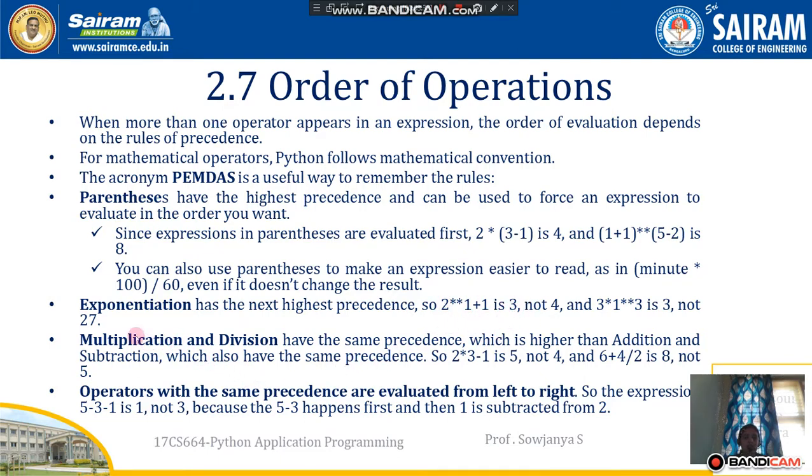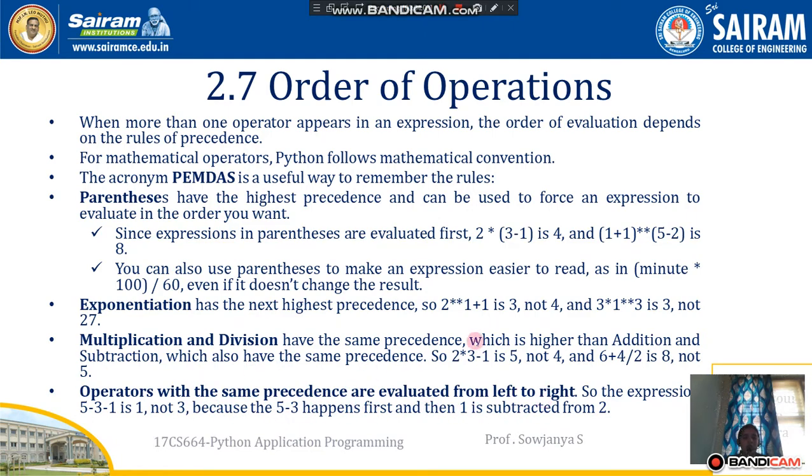Next precedence is given to multiplication and division. Multiplication and division have the same precedence but associativity is left to right. For example, 2 times 3 minus 1 gives you 5. Next are addition and subtraction. Operators with the same precedence are evaluated from left to right.